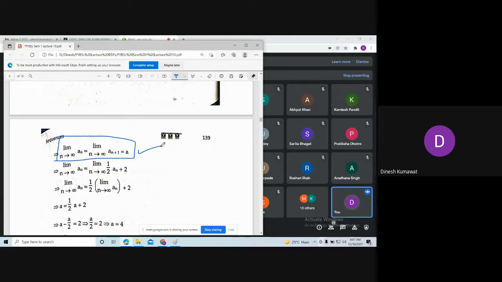Did we prove that statement using the definition, that whenever the limit of a sequence exists, then it has to be unique? Yes, remember? Yes, sir.